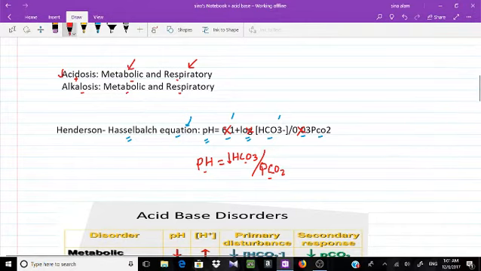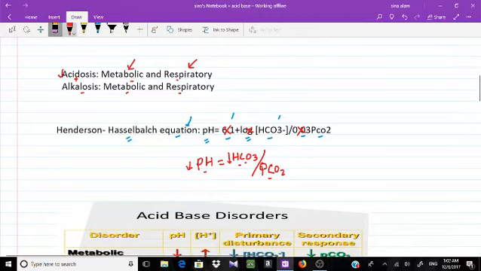So when the bicarbonate goes down, the pH goes down, and pH going down means there is acidosis. As we are discussing bicarbonate as a metabolic thing, bicarbonate goes down, pH goes down, it is a metabolic acidosis.